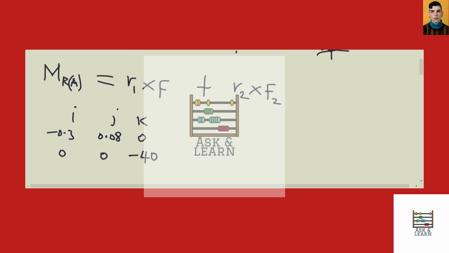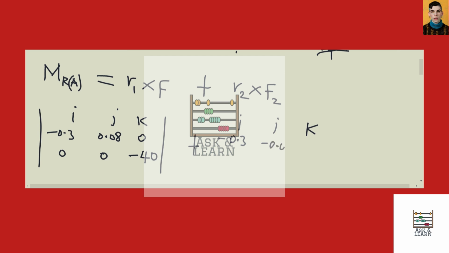Then plus this other one, i, j, k. For this second one, F2, we've already gotten it. We are going to have minus 0.3. The i direction is there already. Just plug them in, minus 0.057.